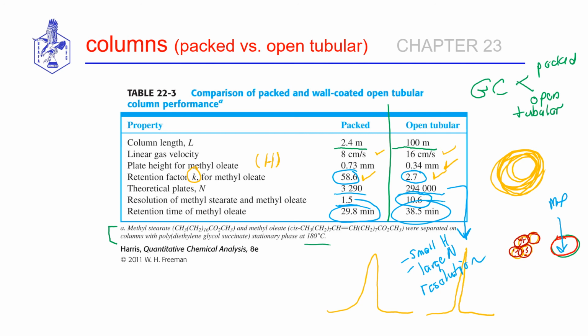So in summary, if you want to get the best resolution and you can do gas chromatography and sample capacity is not a problem, you're going to want to choose an open tubular column. It's going to give you the most ideal resolution. However, if you've got components that require greater capacity, that is the retention factor, you're going to want to choose a packed column.